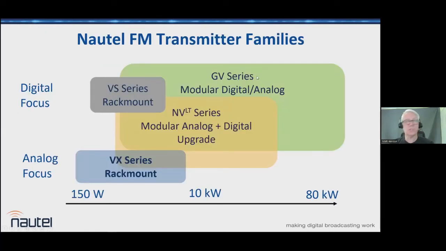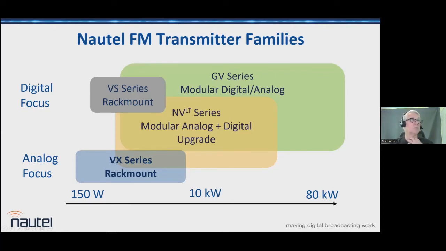Oh yeah, this is a good slide. A lot of times people ask where it fits in the family of things. The green here is the GV series, and then we've got the MV lights, the VS and the VX. The VX reaches all the way down to 150 and goes up to 5.